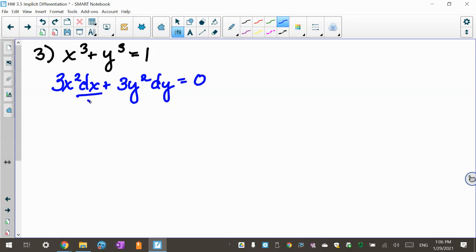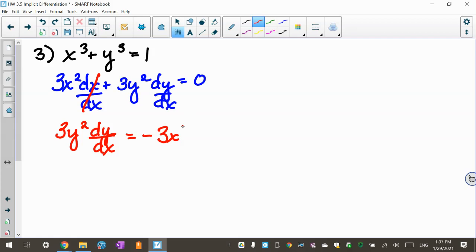I have all terms, so I'm going to divide through by dx. And then I know, thanks for playing, that divides to make a 1. So I'm going to leave the 3y squared dy dx here on the left, and I'm going to move over the 3x squared, so it turns negative. Then I divide by the 3y squared because they're hooked by multiplication.